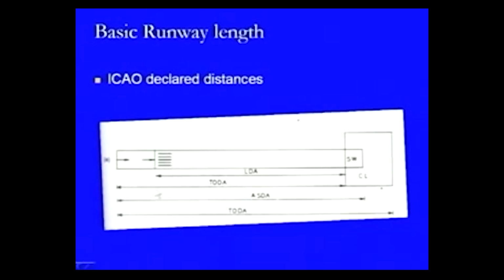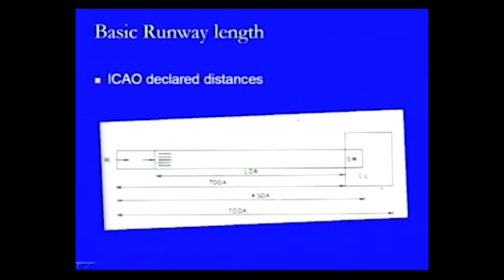This is the final case which we have discussed along with the displaced threshold, and here the stopway is also provided and a clearway is also being provided along with this, and therefore the various distances will be calculated as follows.